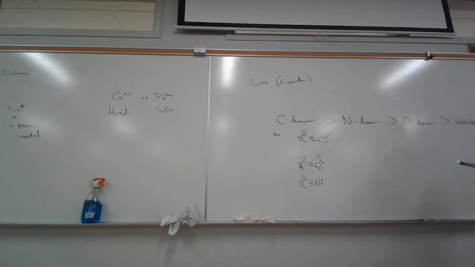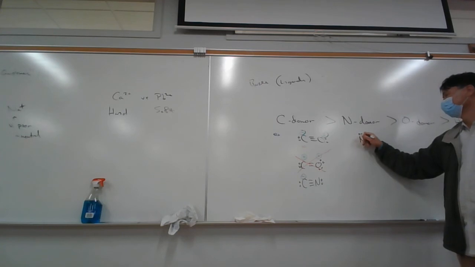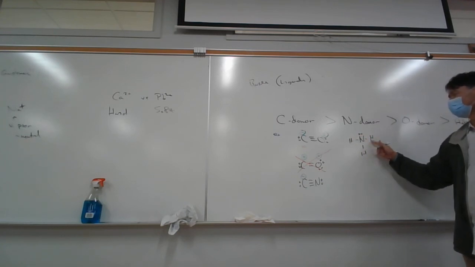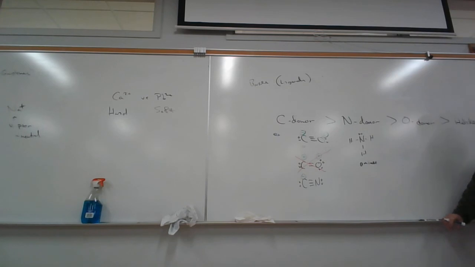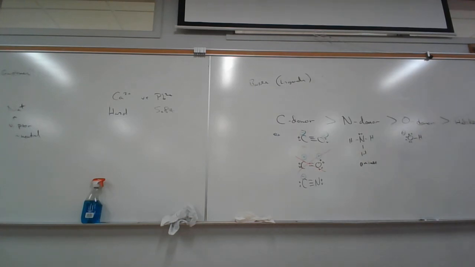As far as nitrogen donors go, we have the amines, like ammonia. That's a very good Lewis base. And the amines. As far as oxygen donors go, we have hydroxide. If you think about hydroxide versus ammonia, which one is a stronger Bronsted base?